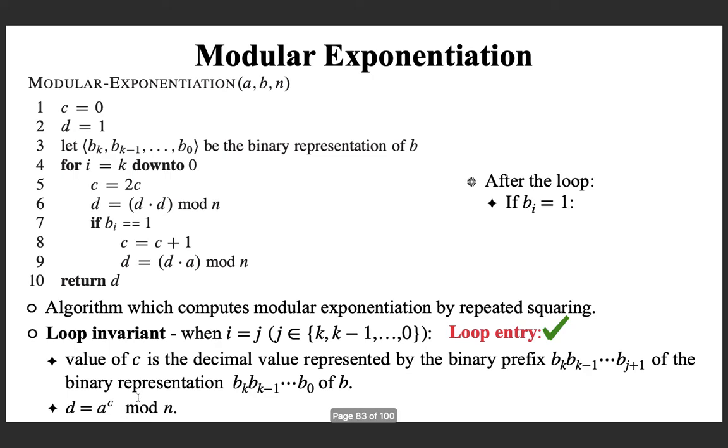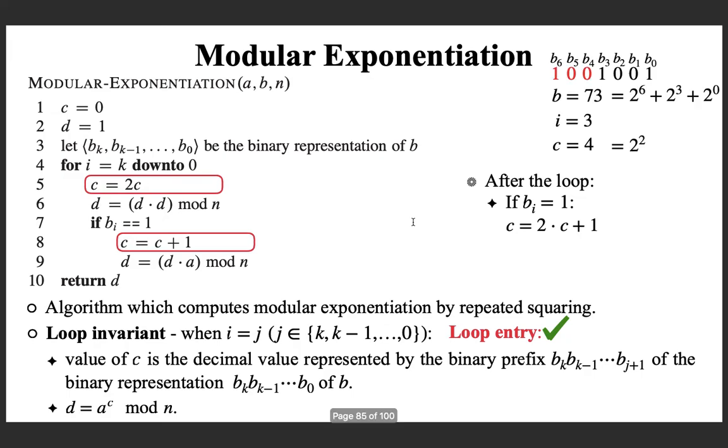Now consider the other case where bi is 1. Then what you are doing is c becomes 2c first and then c is incremented. So 2c plus 1, it is doubled and then incremented. No need to explain, you know that this is an example case where previously i was 3 and the value represented was 4.